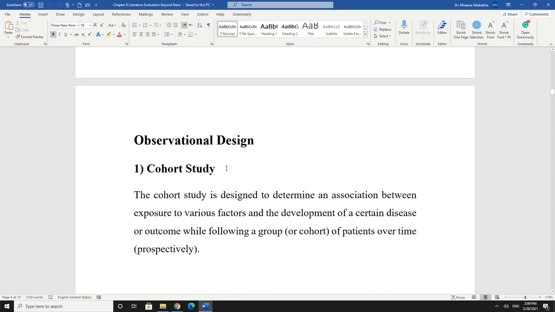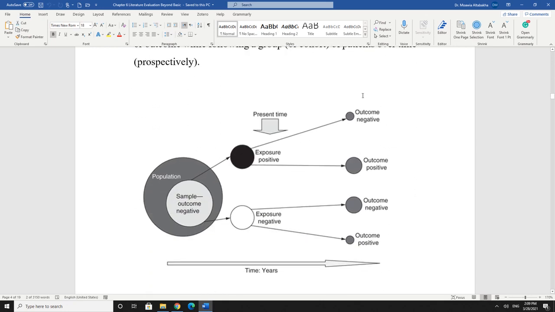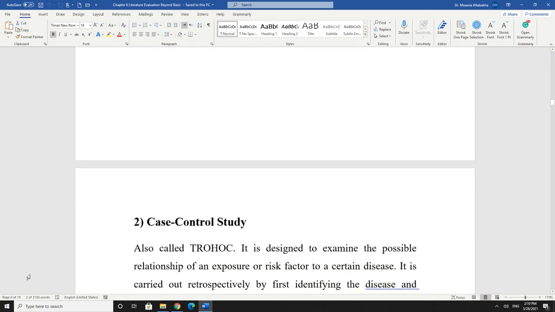Now the opposite of this, the opposite of a cohort study, means we are here and we are moving backwards. We call it retrospective. Okay, so we're going backwards. Now the opposite of this one is referred to as the case control study.